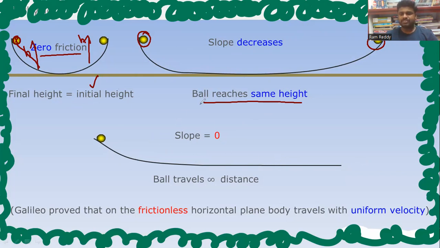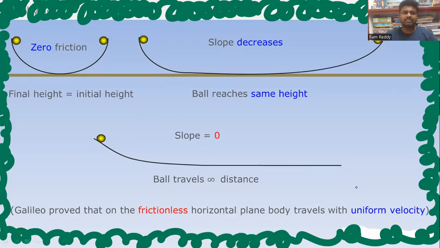Based on these observations, Galileo concluded that on a frictionless horizontal plane, the body travels with uniform velocity. Here we are taking a frictionless horizontal plane, then it is moving with uniform velocity. There is no need to give any external force. Even with no external force, the body tends to move in the forward direction with uniform velocity. So that is the important conclusion we got with the help of Galileo.